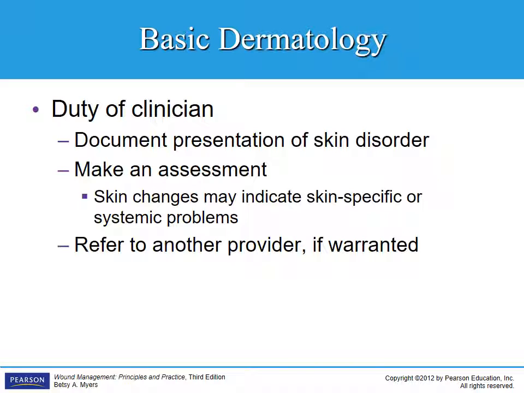So as it says here, you would refer to another provider if you identify it and someone else needs to know. In the case I just gave, it would be the physician, because they would want to change. They would want to look at the level of baclofen in the body, because it is causing a reaction. So that's important for the PT to identify.